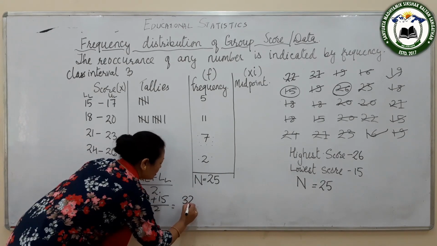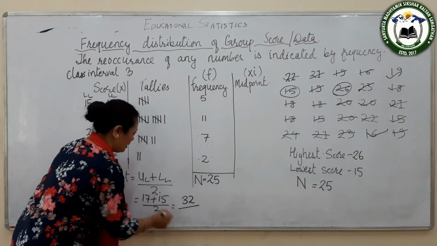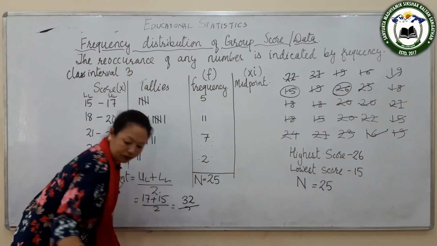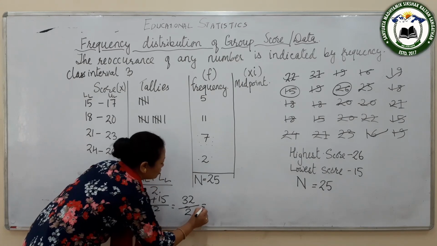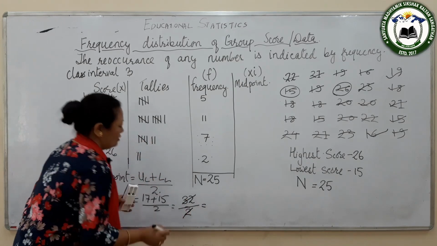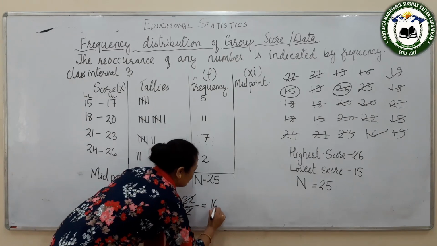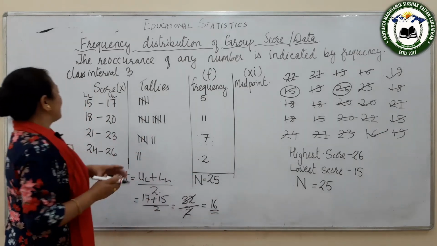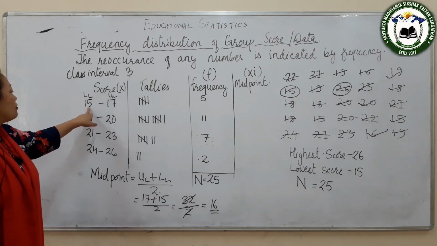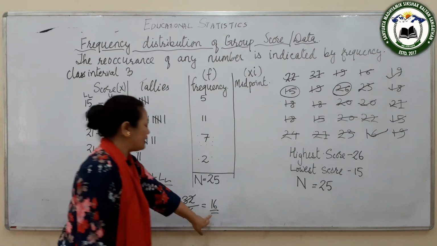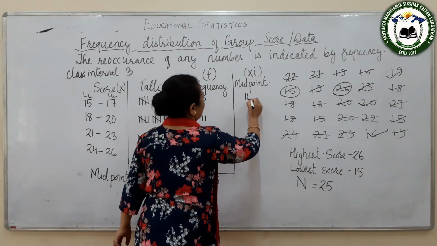So 32 divided by 2. So what I get is 16. So in the first category between 15 to 17 lies the 16.